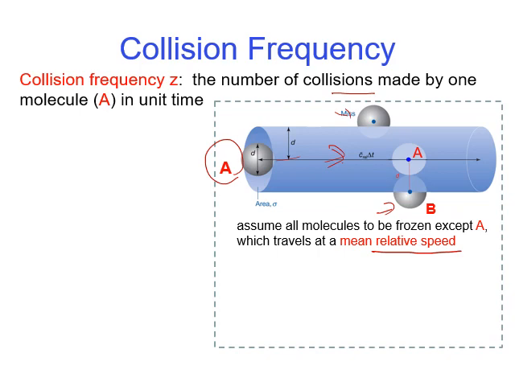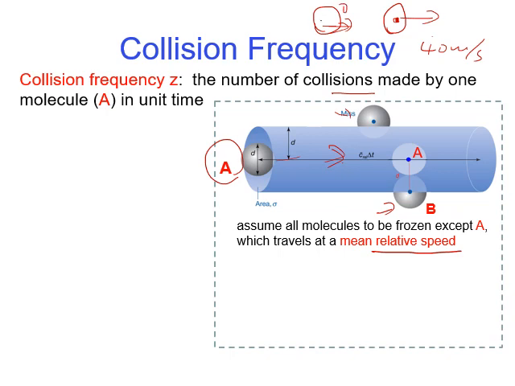For example, if two cars both move in the right direction with the same speed, let's say 40 meters per second, then to the first car, the second car does not move at all because they are moving at the same speed. All right, so to A, B has a relative speed of 0.